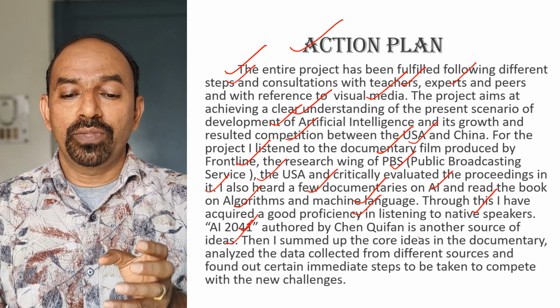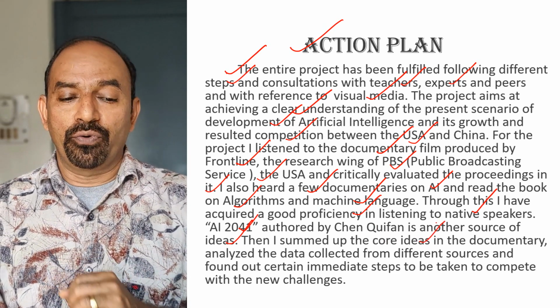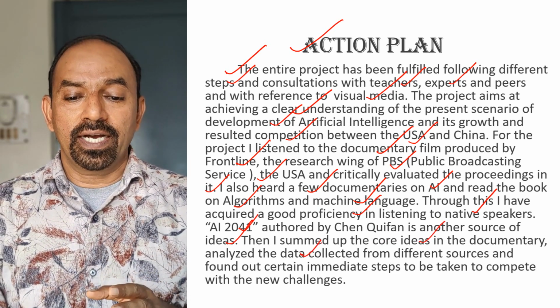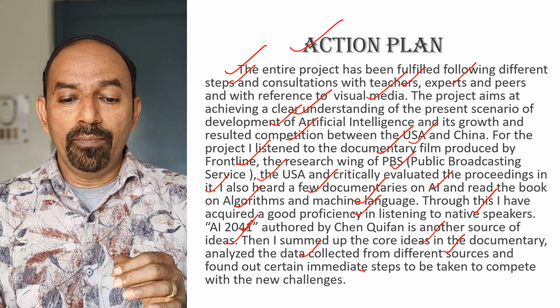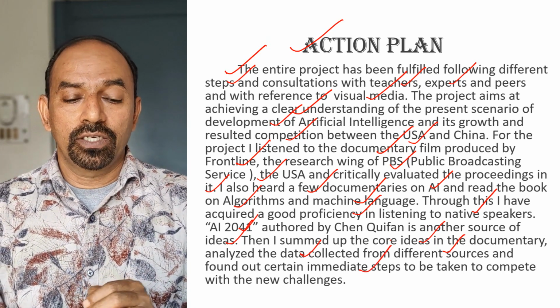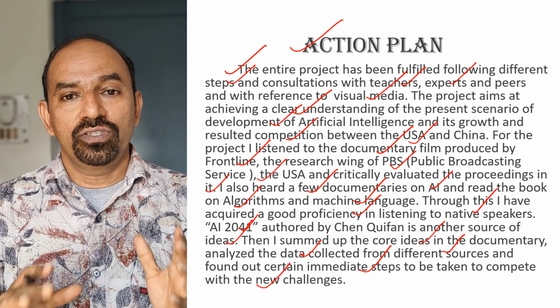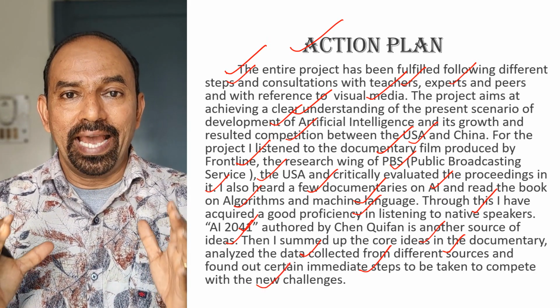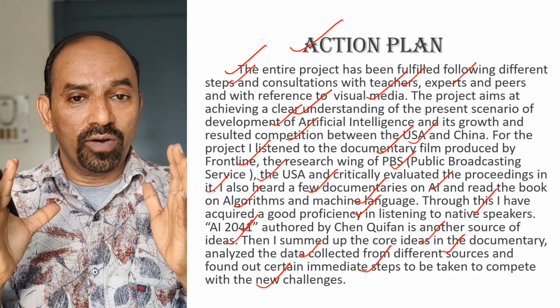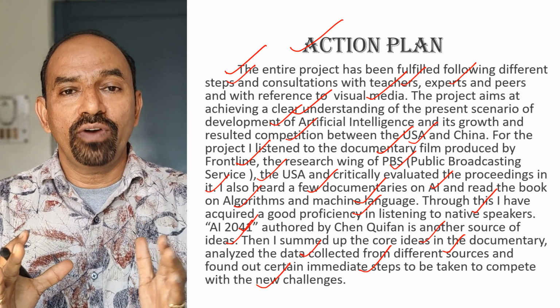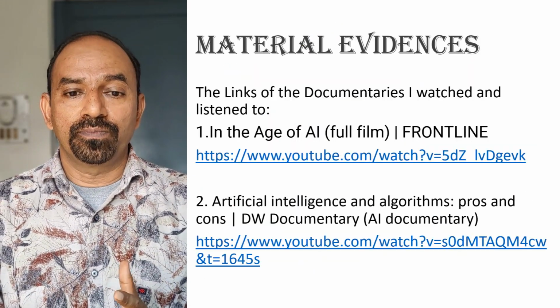Then I summed up the core ideas in the documentary, analyzed the data collected from different sources, and found out certain immediate steps to be taken to compete with the new challenges. This is the action plan I have done for this project that you have to explain in the page of action plan. Let's move.